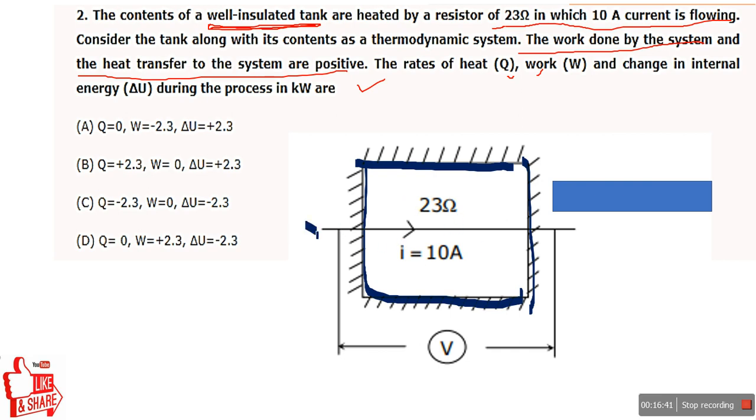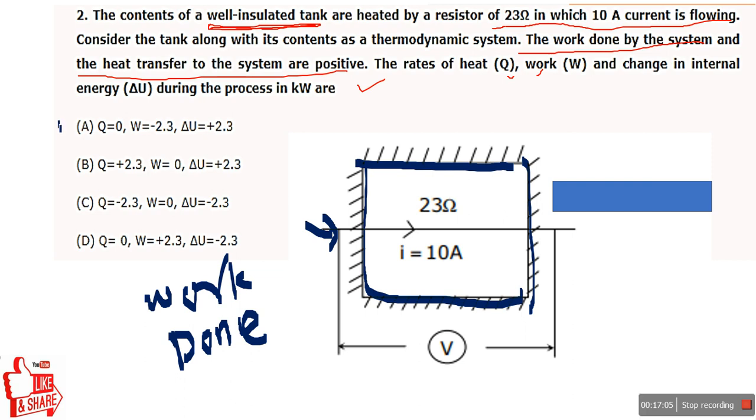If you observe here, it is work done on the system. Logically, work done on the system is negative. So in option C, work is negative here. There is no need to calculate answers; we can also solve this logically.